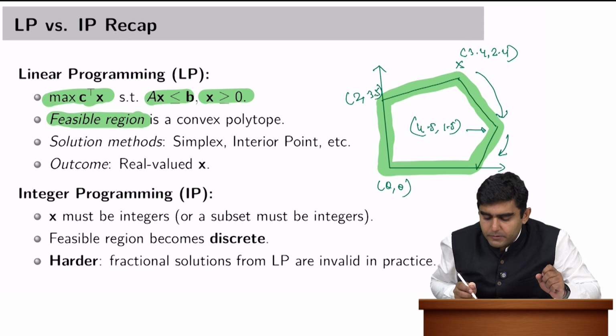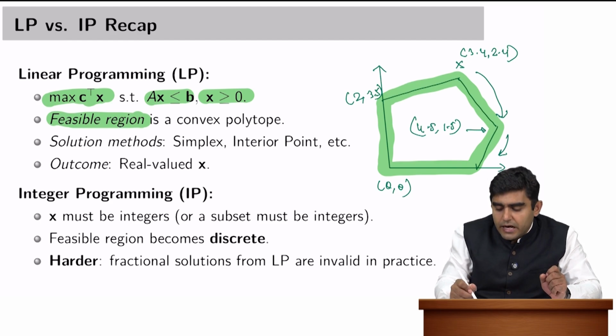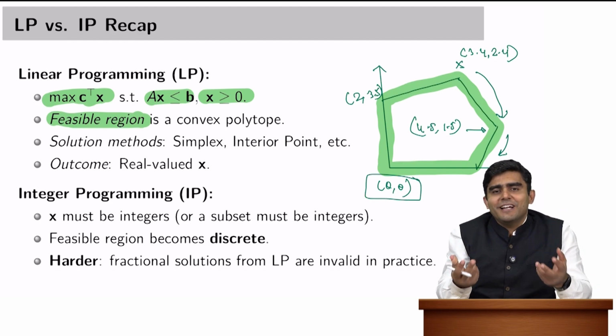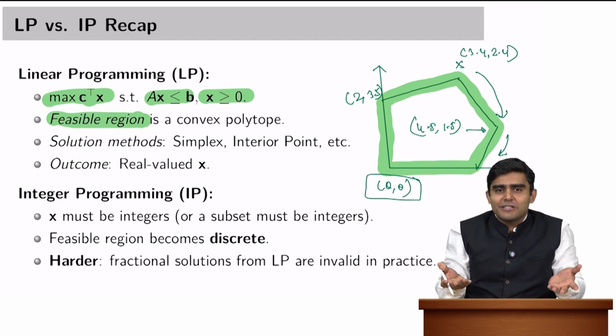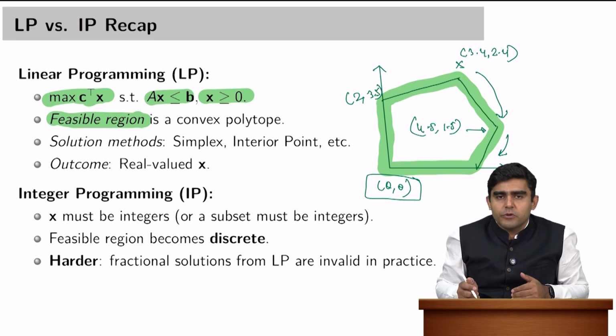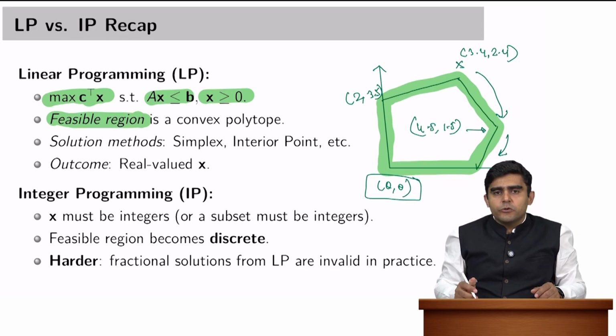But the point that I am trying to make is that although all these points are extrema, only 0 comma 0 qualifies to be an integer solution, and this happens to be a trivial solution which is of no value to us, and all other solutions that any linear programming problem or a dual problem will give are not so useful for us because they are not practical.